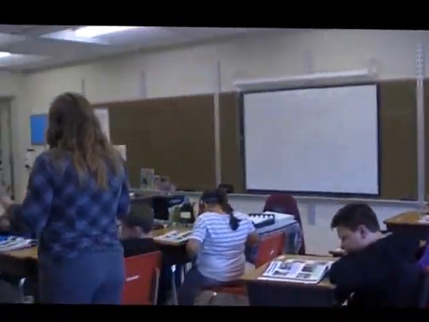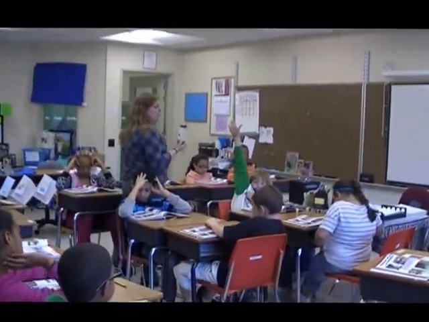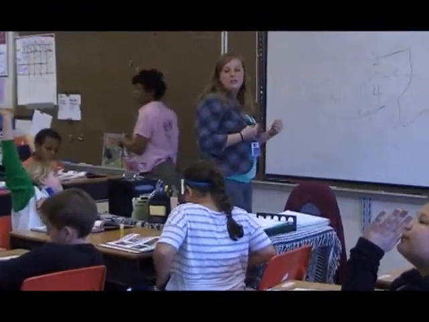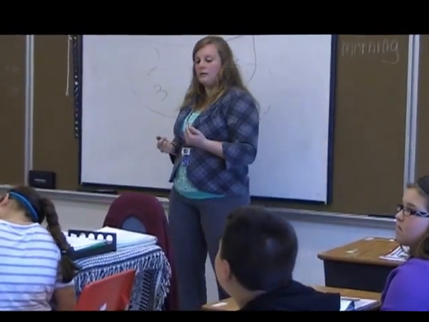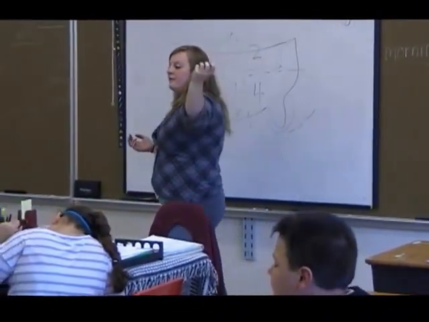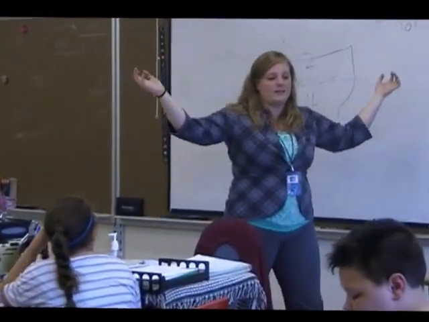There's something that was going on in schools called segregation. Does anyone know what segregation is? Who can tell the class what segregation is? Dylan. There was one school for African Americans and one school for whites, and no one mixed.